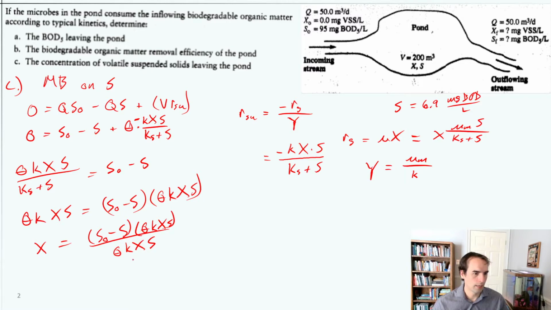This can simplify a bit, but I did something wrong here. I'm missing the Ks plus S. I just didn't write it at all. That should have been right here. Yep. Okay, sorry.